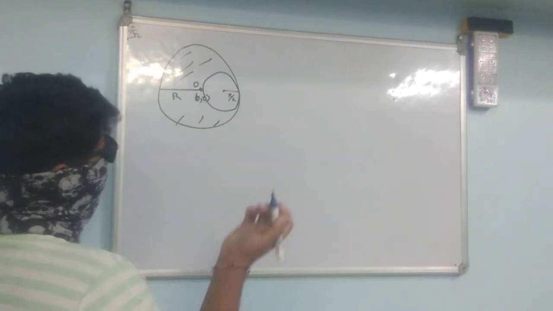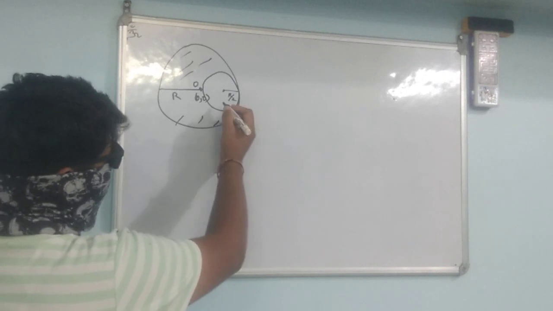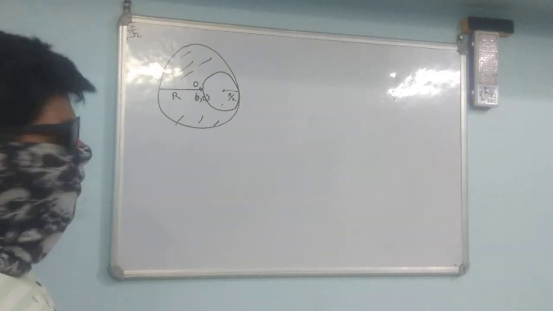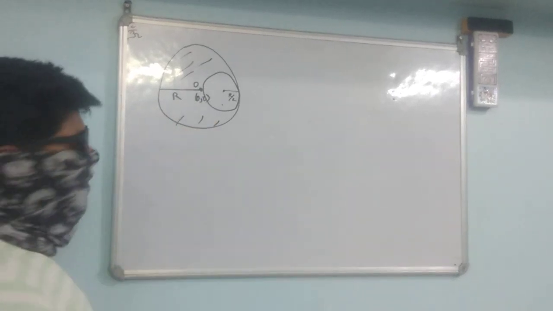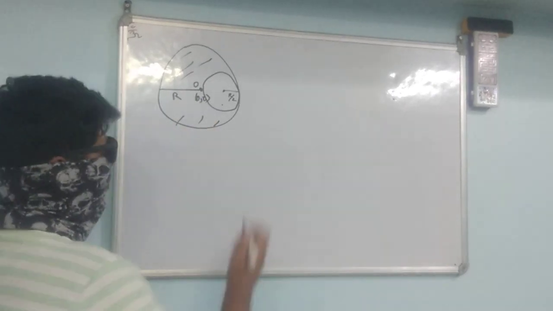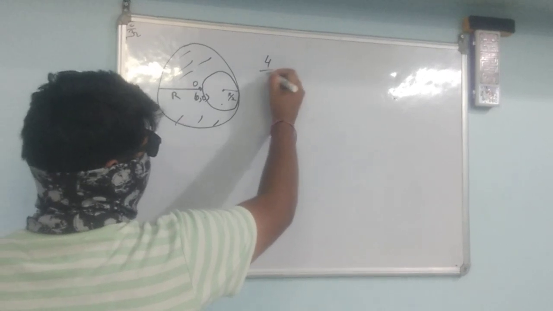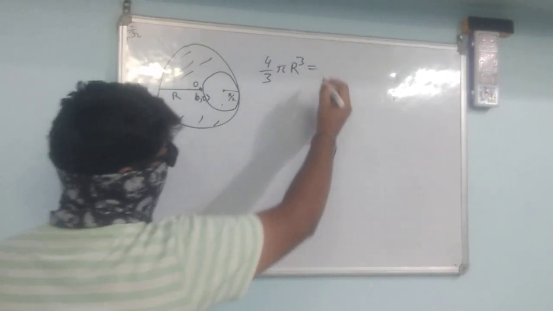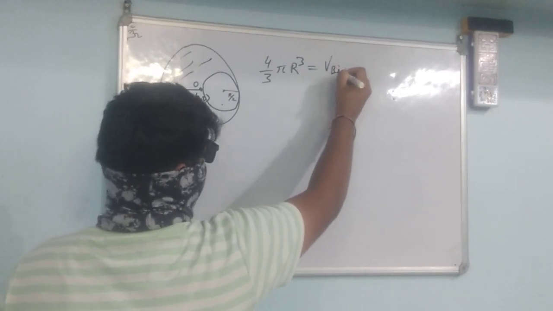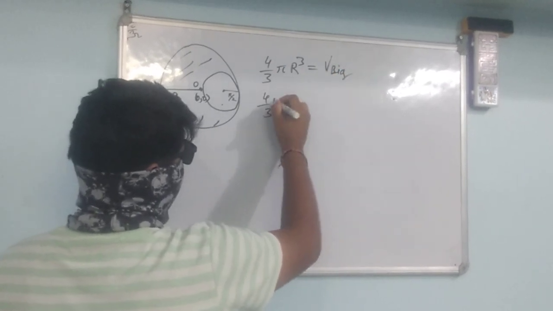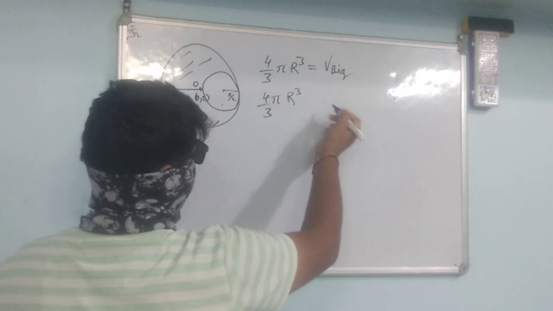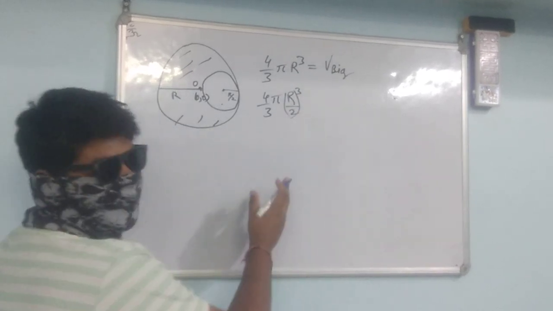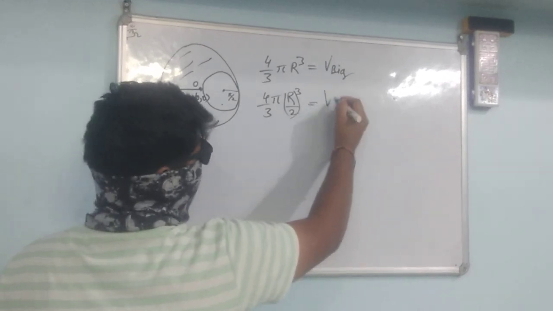So first we will assume the mass of this is m, meaning we have to find a relationship between the mass of the big sphere and the cavity which is cut out from it. So 4 by 3 pi r cube is the volume of the big sphere, and 4 by 3 pi (r by 2) cube is the volume of the small sphere.